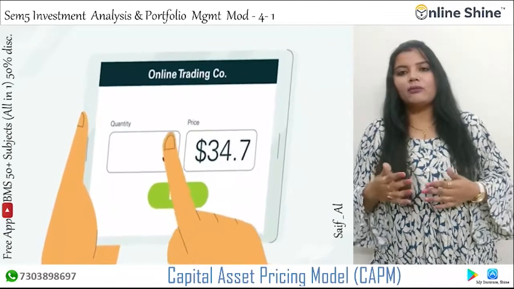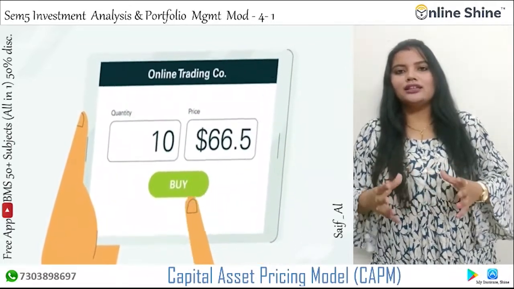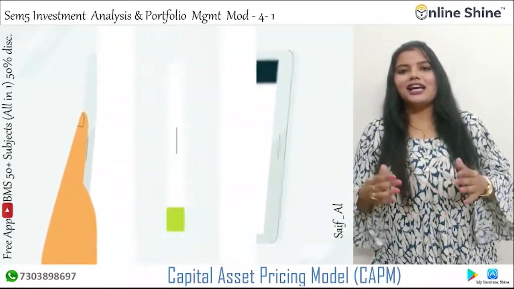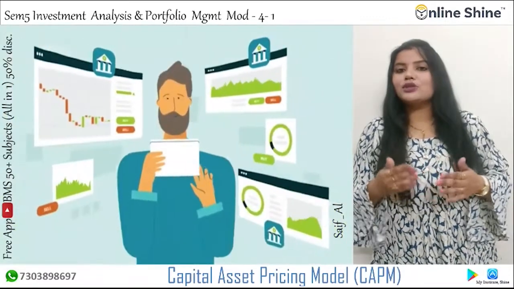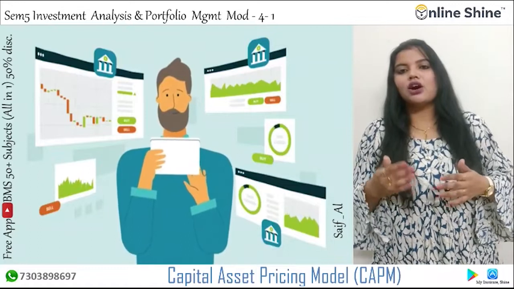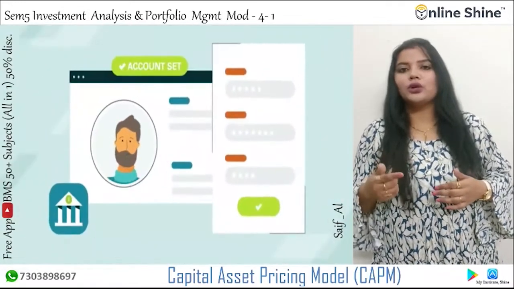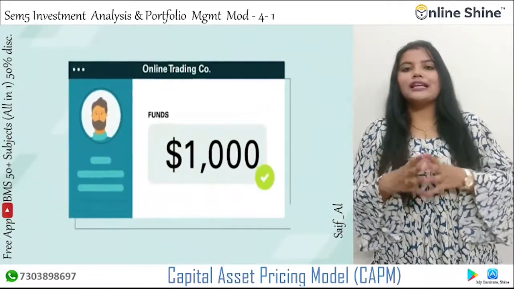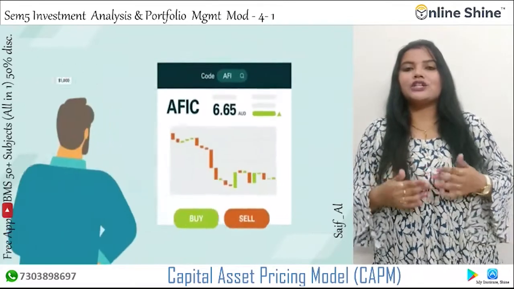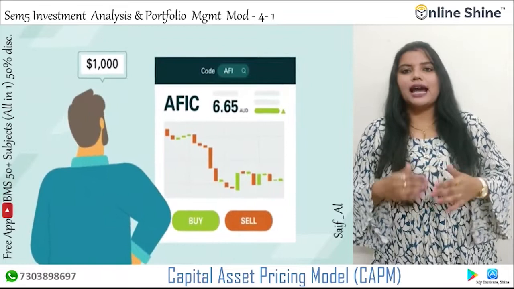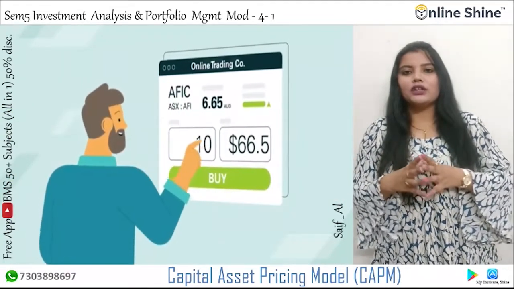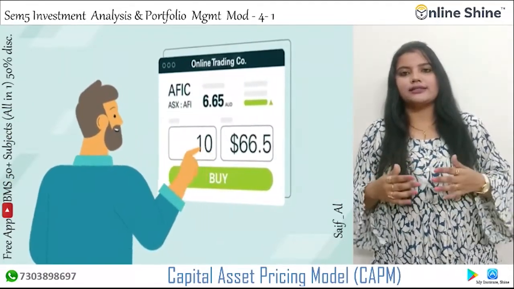The CAPM formula takes into account the asset's sensitivity to non-diversifiable risk, which is also known as systematic risk or market risk, that I already told you in module 2, referred to as beta in the financial industry, as well as the expected return of the market and the expected return of a theoretical risk-free asset.